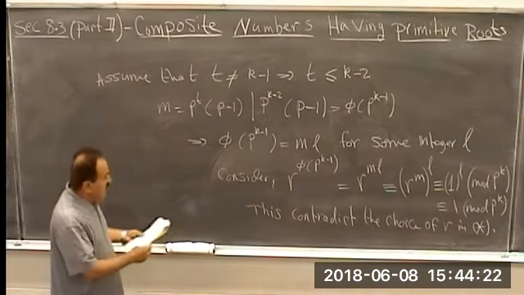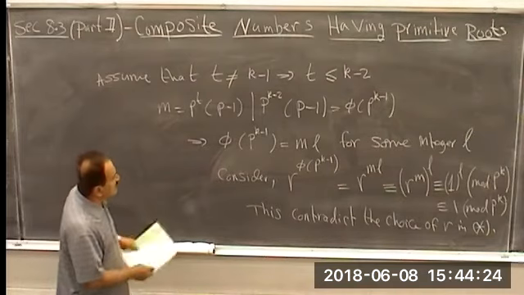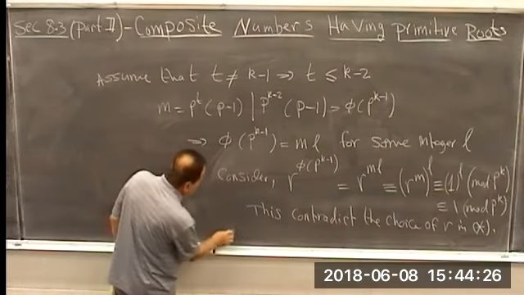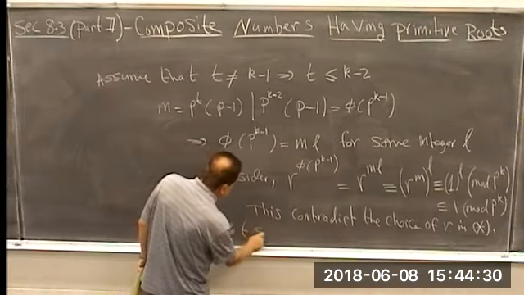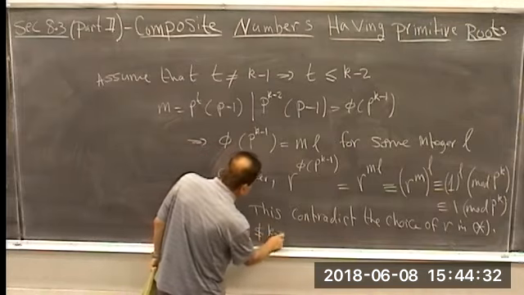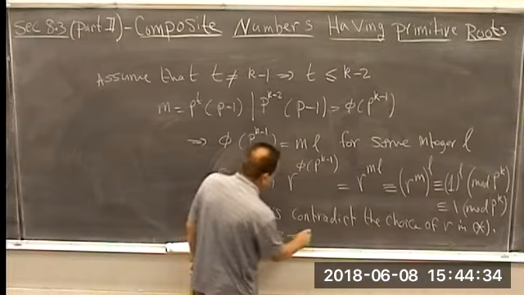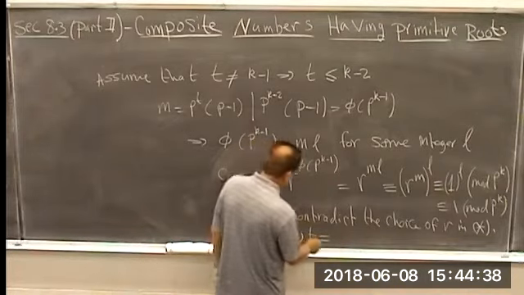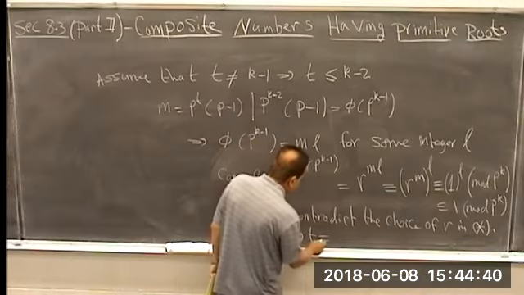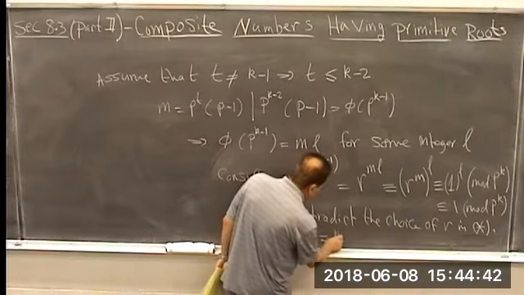All right. So what does this mean? This means that therefore t cannot be less than or equal to k minus 2, and it cannot be equal to 0, of course, so it's going to be equal to k minus 1.